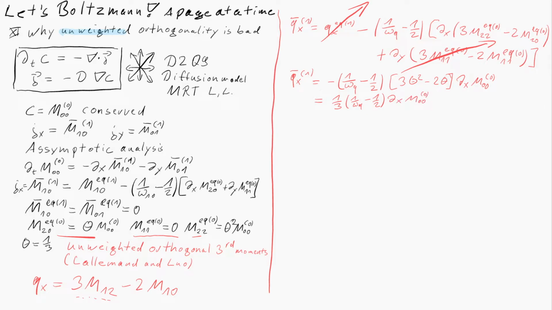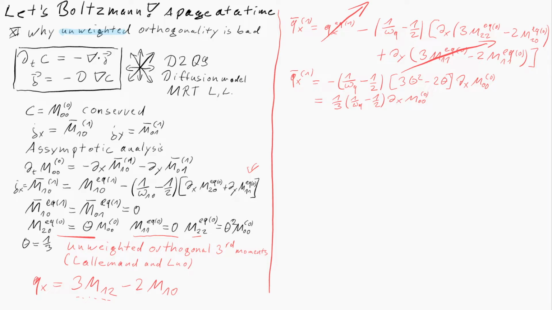So we see that this orthogonal third order moment now depends on the derivative of the concentration, which is the zero order moment, and of course the relaxation rate of the third order moment. And now we can compare this to this guy here.